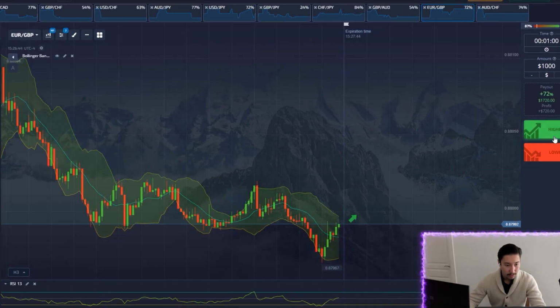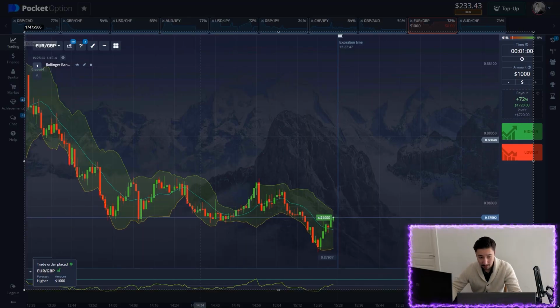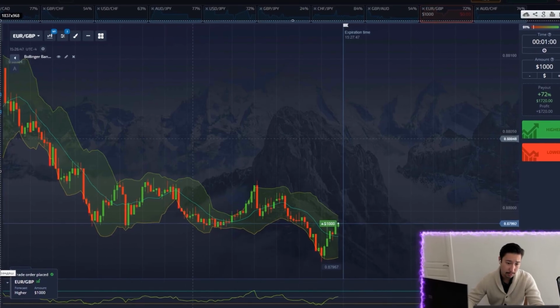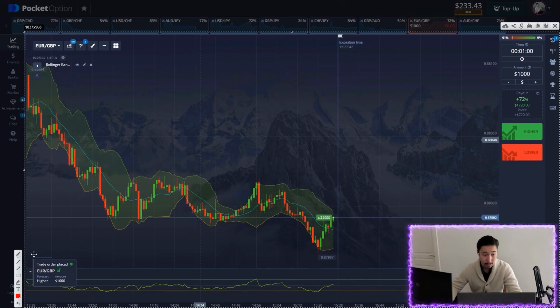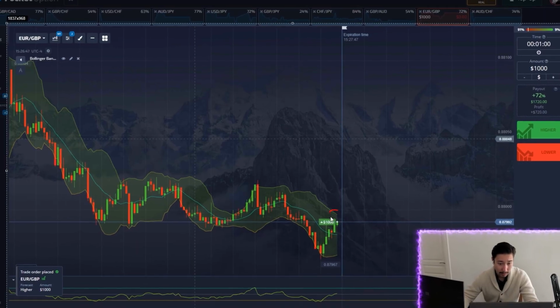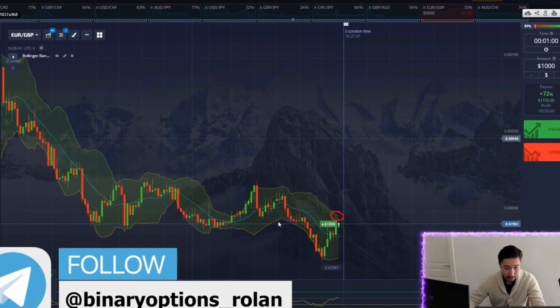Well, I think we should open a long position here. Let me explain this trade entry, right? The first thing to notice, guys, is that the touch of the upper boundary of the Bollinger Bands hasn't happened yet, so we got some space for that. We opened ahead of the market here. Also, there was a huge downward dynamics, right?